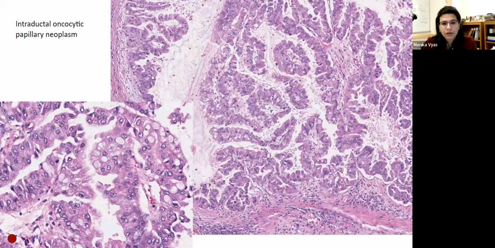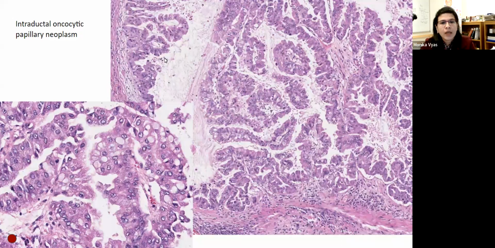And then another neoplasm, which is often discussed along with IPMNs, but now we know that it's not in the IPMN family, is intraductal oncocytic papillary neoplasm. So they have a similar cystic appearance on imaging and gross examination. They have papillary formations, but the epithelium has certain peculiar characteristics.